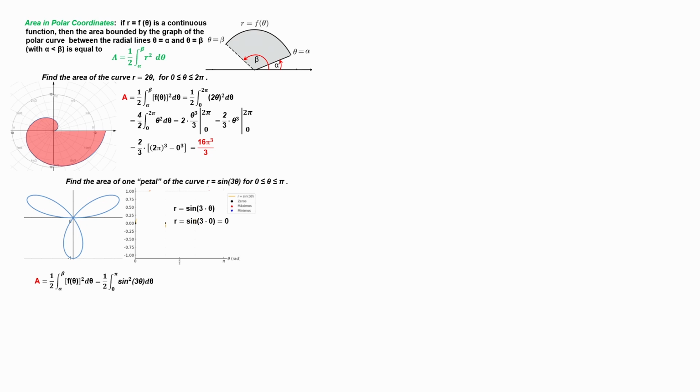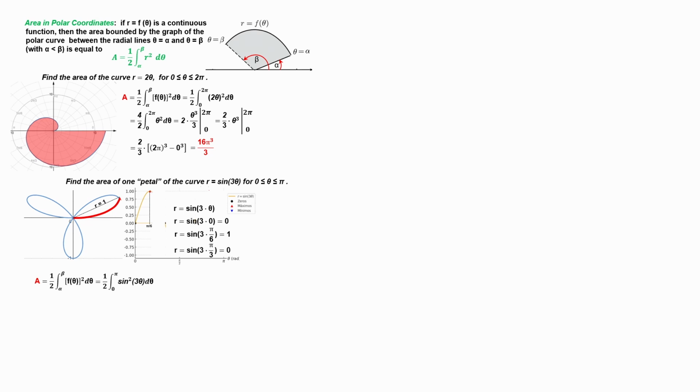The maximum value of the sine function is 1. This happens when 3 theta equals pi over 2, which means theta equals pi over 6. Here, r is at its maximum length. The function returns to 0 when 3 theta equals pi, which means theta equals pi over 3.